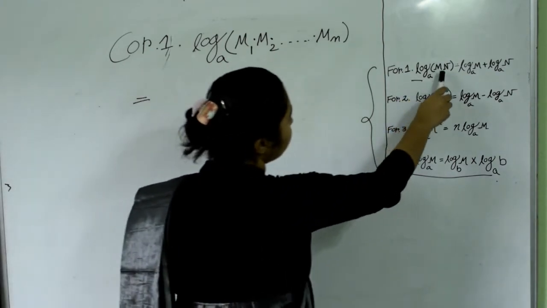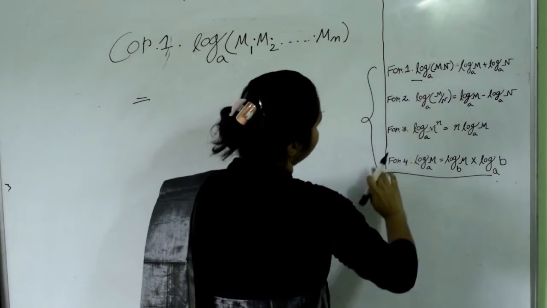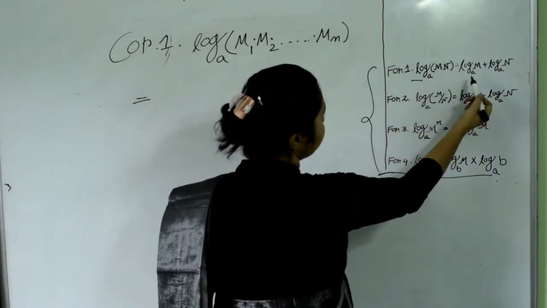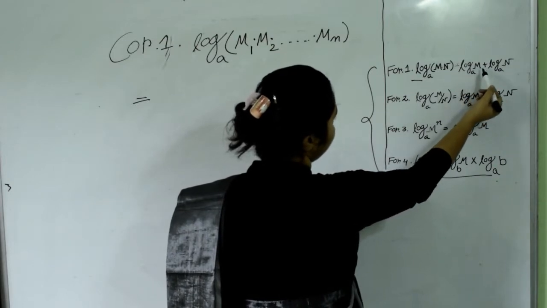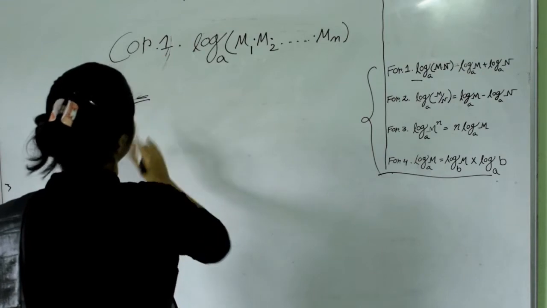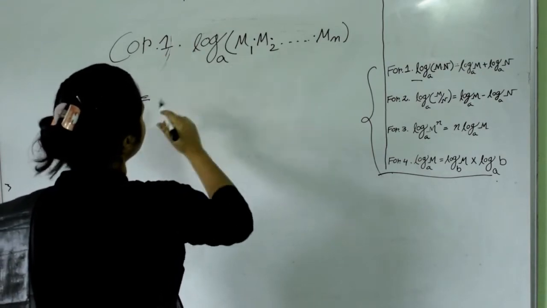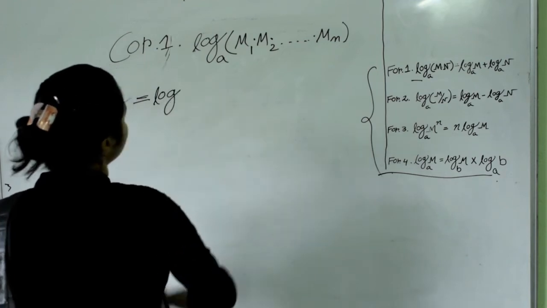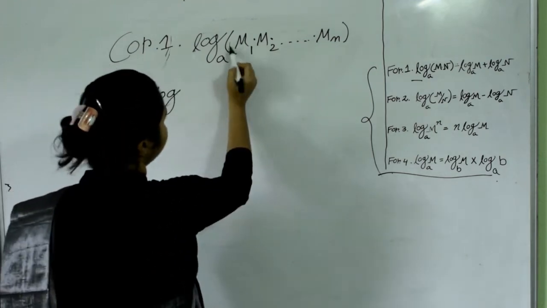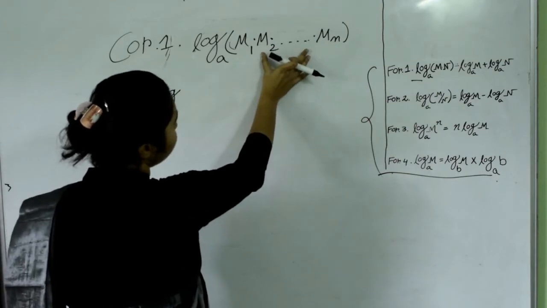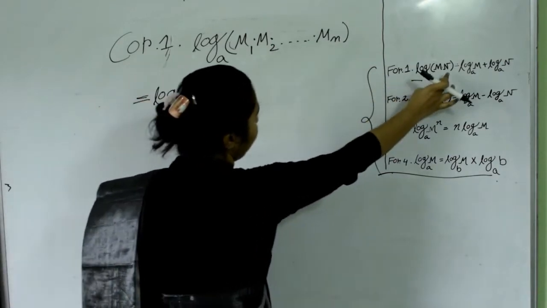We know that if we have m into n with log base a, then we can write it as log a m plus log a n. So just use this formula for m1 and m2. Assume m1 as m and m2 into m3 up to mn as n.